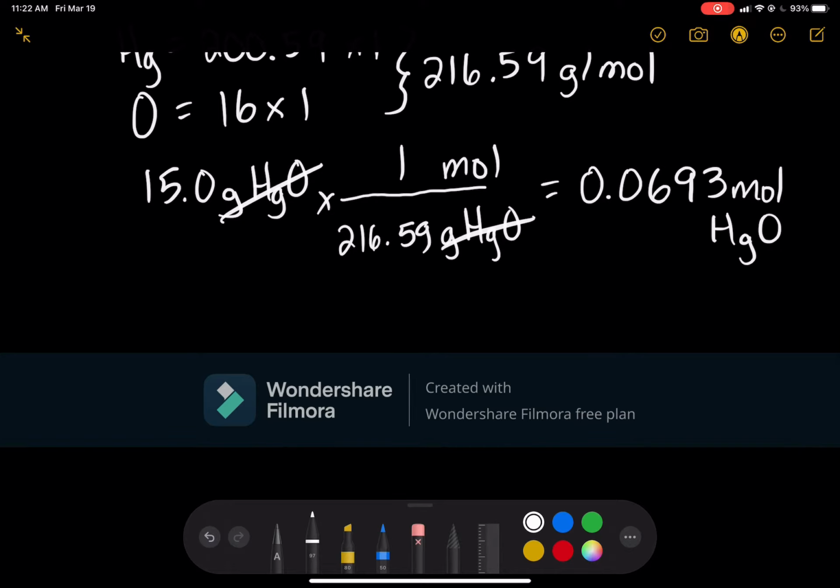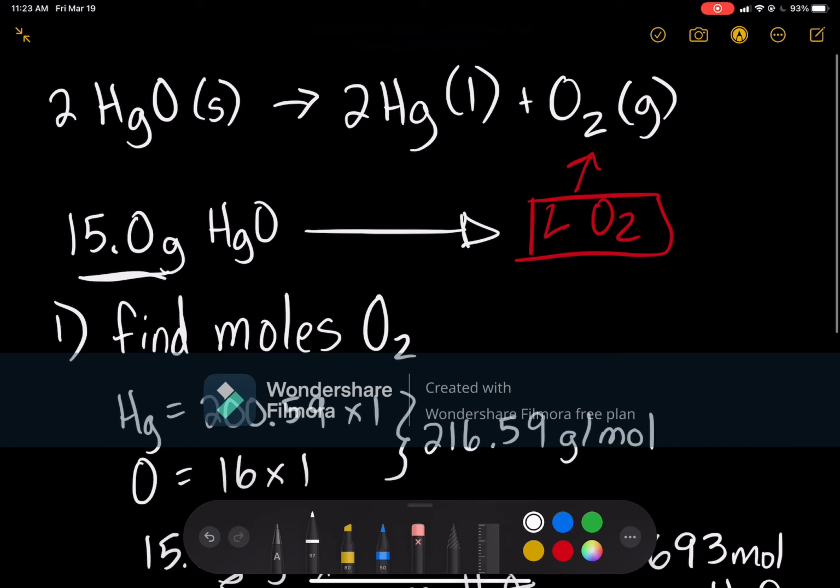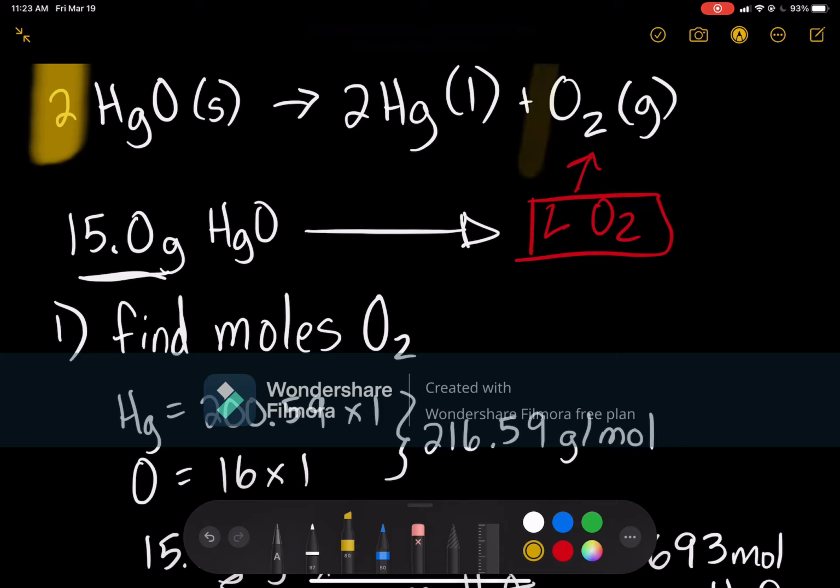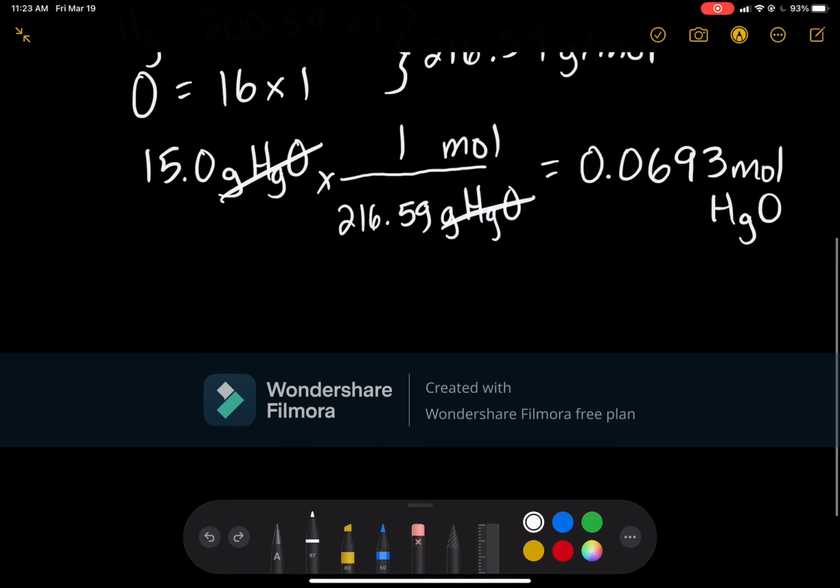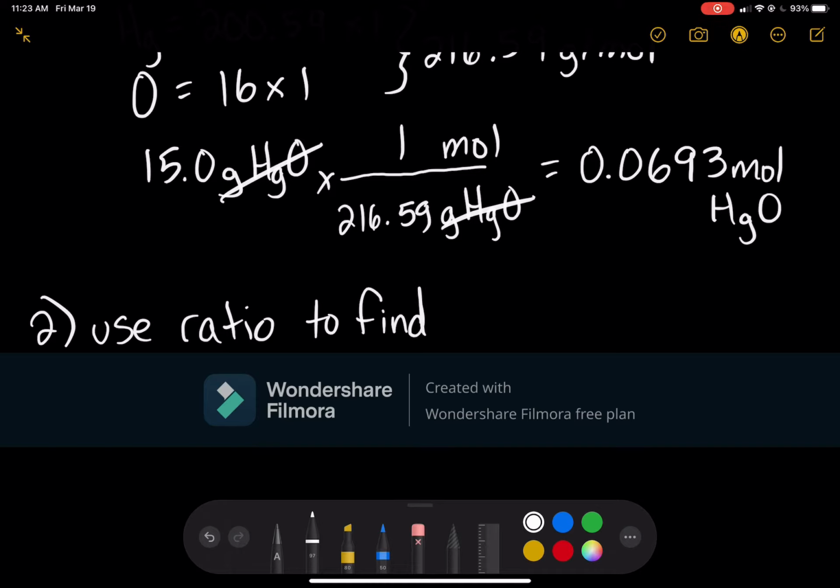Now we can use that to find out how many moles we have of O2. Because if you go back to the original equation, you find that we have 2 HgO to every 1 O2. So use that ratio to find moles O2.